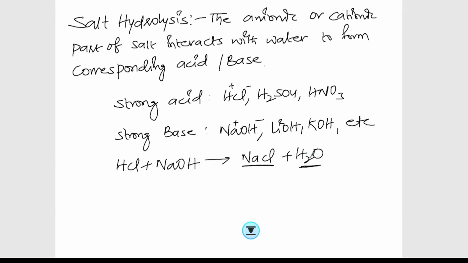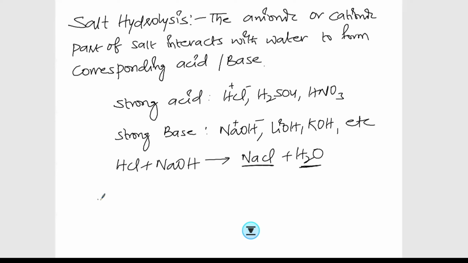Instead, they can be hydrated, but they do not interact with water. That is the reason we do not study the salt hydrolysis of strong acid and strong base. Any species from a strong one will not hydrolyze. Only weak species will hydrolyze.